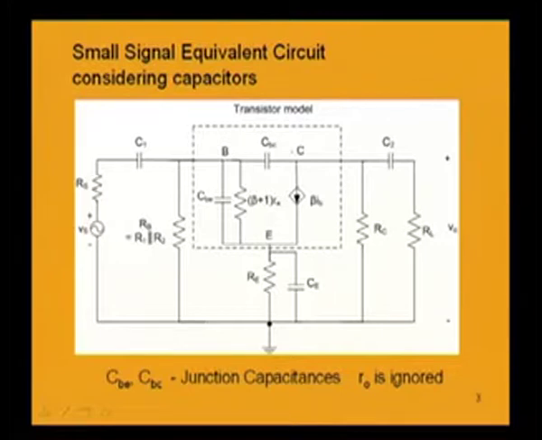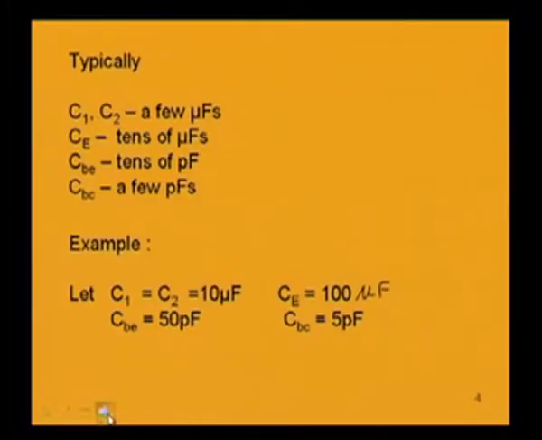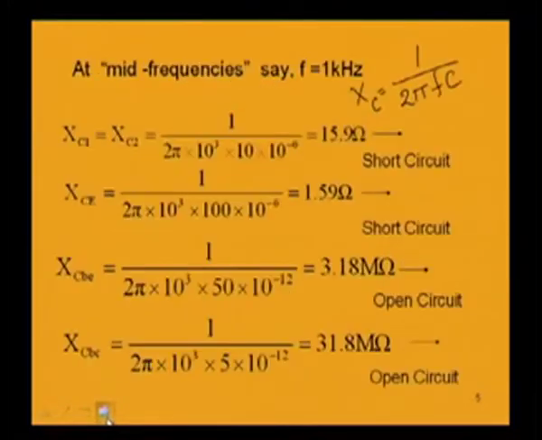So it is as if they are just open circuit. That is why these capacitances were nowhere in the picture earlier when we were considering the transistor amplifier in the mid frequency range. We had a very simplified circuit without these capacitances.